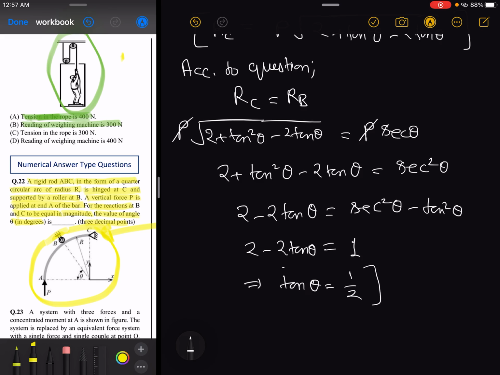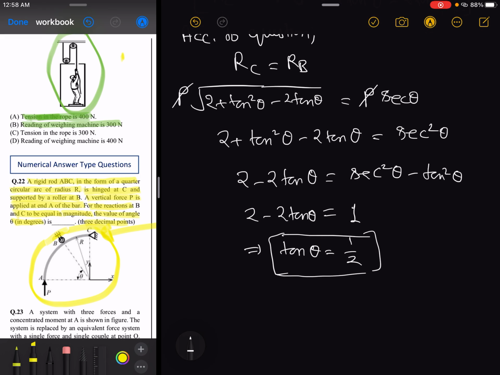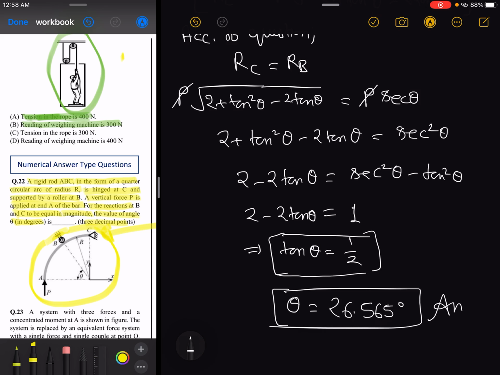What a beautiful problem it was. You will get tan theta is equal to 1 by 2, and if you solve this, then you will get theta as 26.565 degrees. So this is the answer for the question number 22.